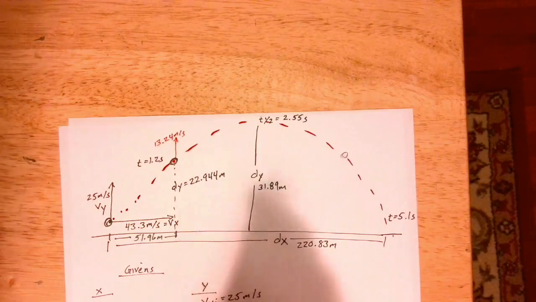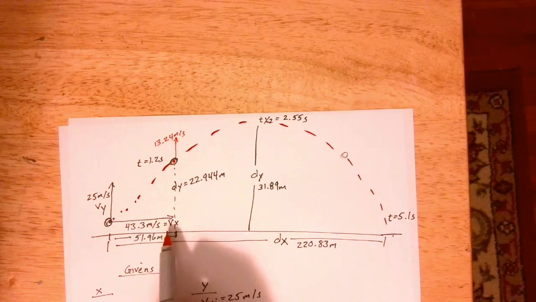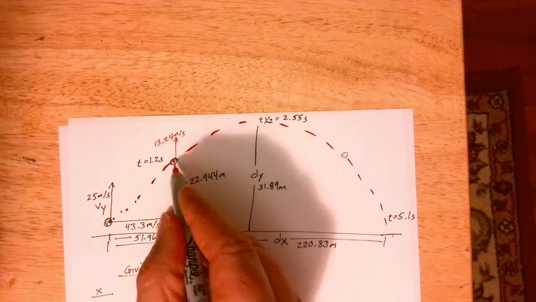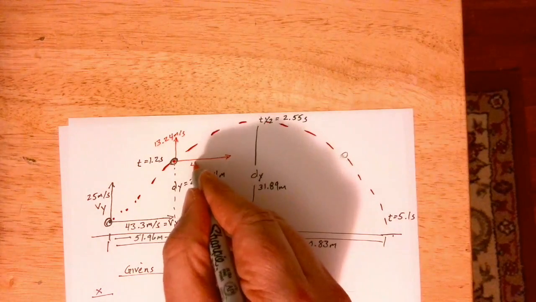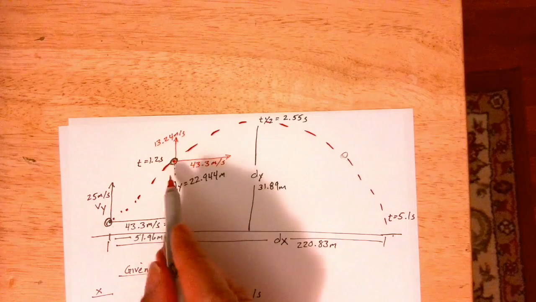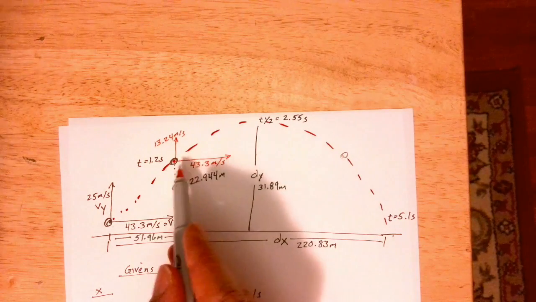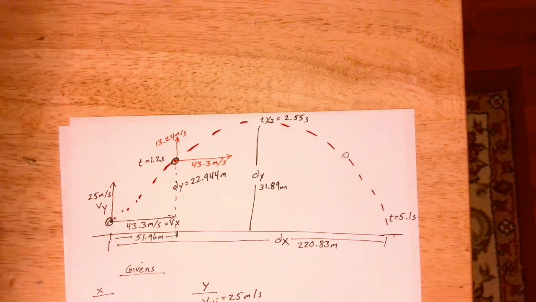If you remember, for all projectiles, the horizontal component always remains the same. So it's still going 43.3. It's going up at 13.24 and across horizontally at 43.3. All right, so now we are almost there.